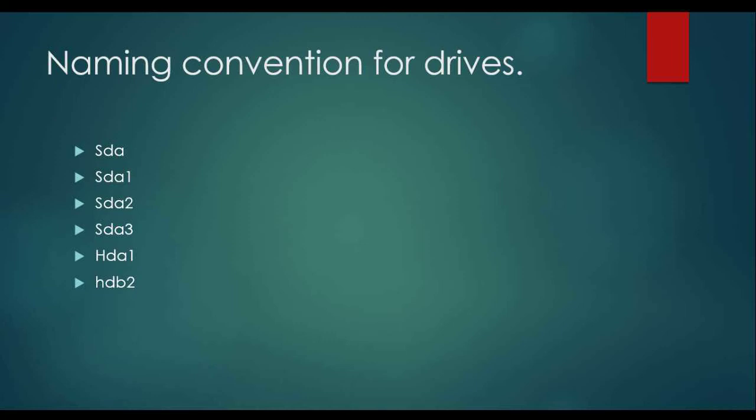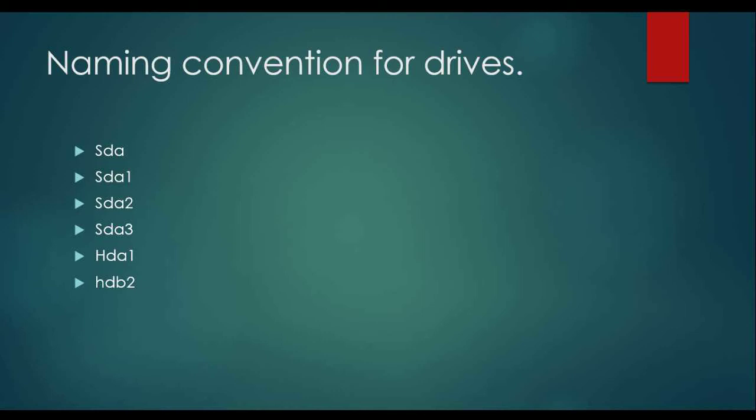Alright, before we go into actually demonstrating how to do this, there are certain naming conventions for the drives, and I've listed a few of them. You have your main drives, and it depends on how they're connected.